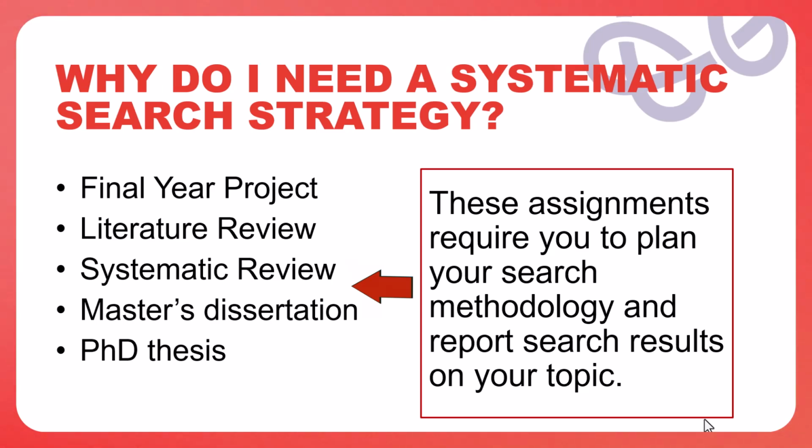If you are a master's student, then your dissertation will require this. And if you are a PhD student, then your PhD thesis, the research project that you're undertaking there, will require this process. If you're not sure whether this is required, check your assignment brief and have a chat with a lecturer or your research supervisor.